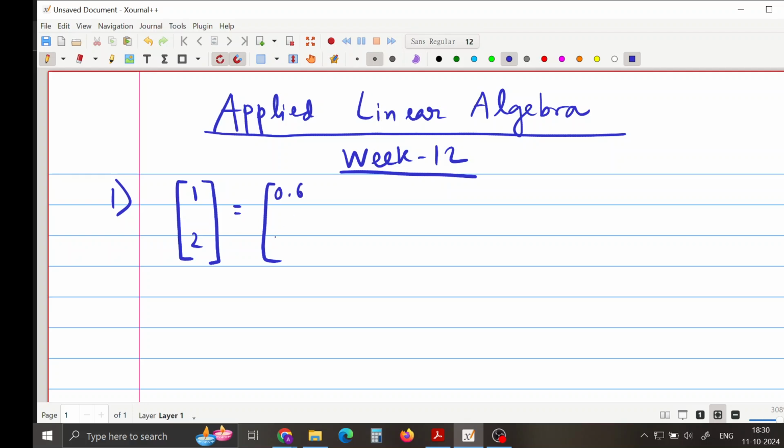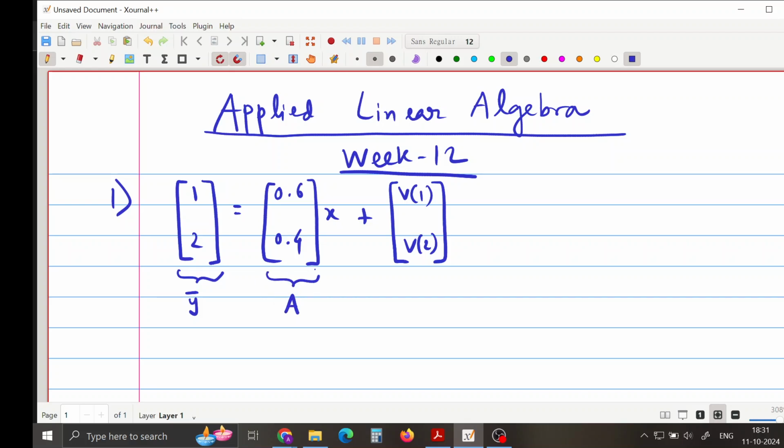It is of this form: this is y bar, this is your matrix A, which is a column vector in our case, and this x is a scalar that you want to estimate, and this is the vector v bar, which is your Gaussian noise vector.